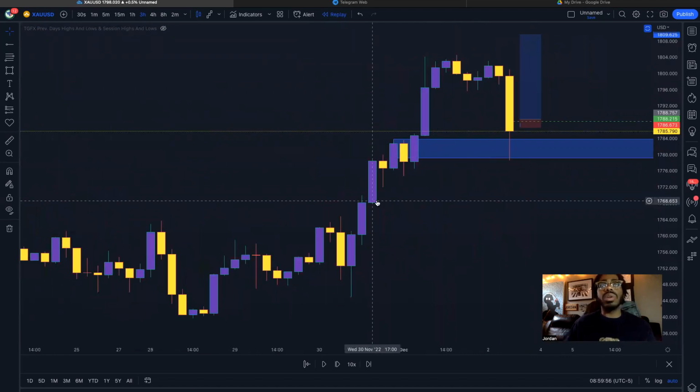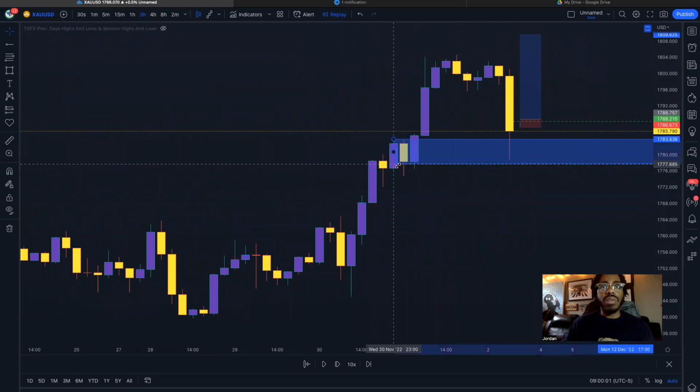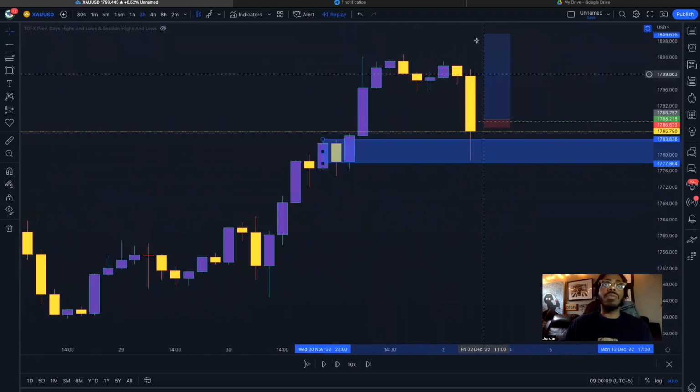So where do we want to get in to continue that? Within this bullish leg of structure, we have a bullish, bearish, bullish continuation pattern. With that pattern, when price comes and taps back into it, all our job is to see how price reacts from that point.